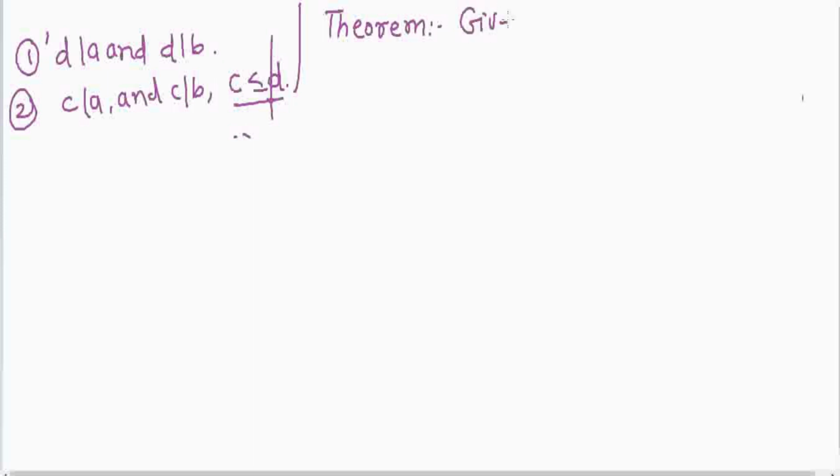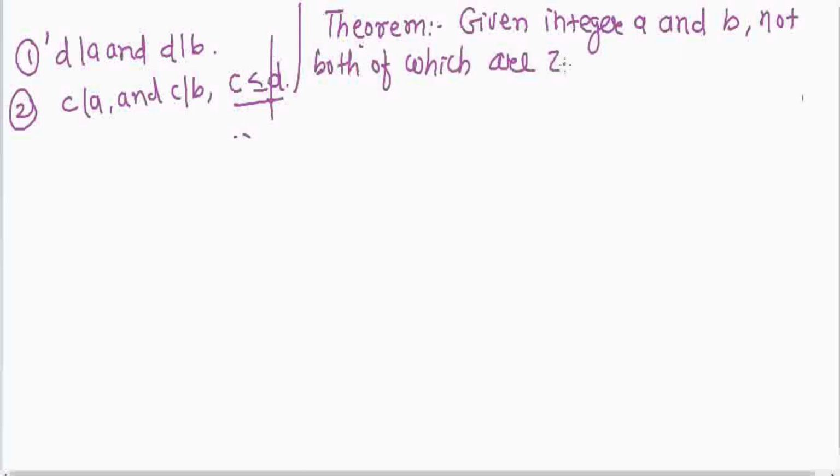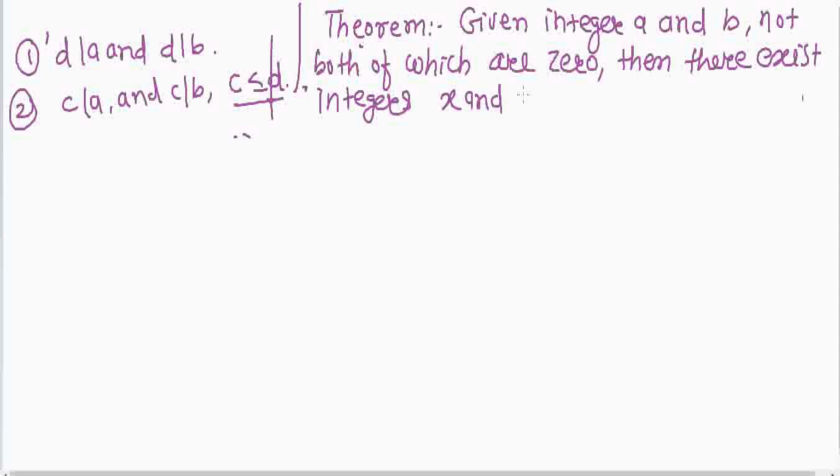So the theorem: if we have given integers a and b, not both of which are 0, then there exist integers x and y such that GCD of a comma b equals ax plus by.